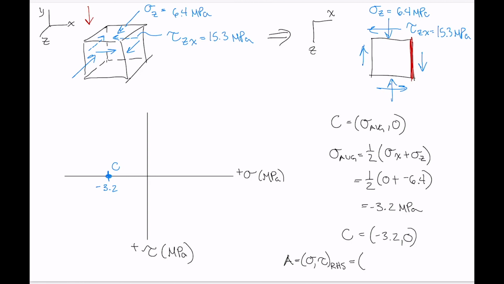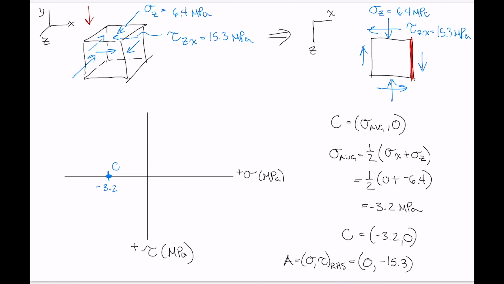And for us, there's no normal stress on that side, so it's 0, comma. Now, the stress has a magnitude of 15.3. In terms of our convention, positive shear stress acts upwards on the right-hand side, that acts downwards, so this is minus 15.3 there.